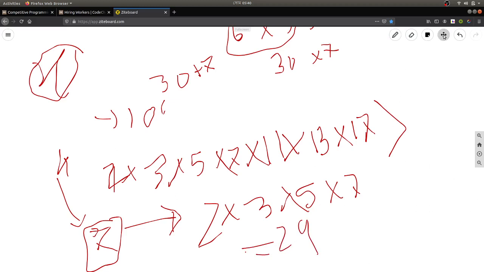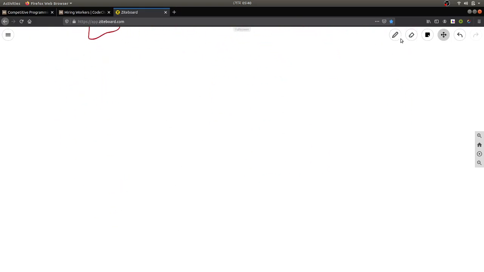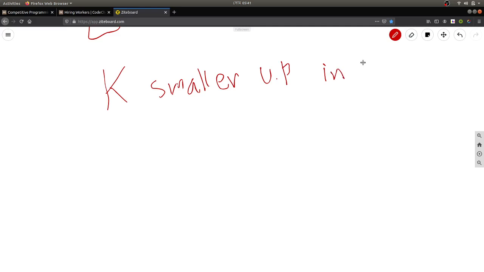So in recap, if k is smaller than the unique prime numbers in X, then we do a brute force to find the minimum, because the count of the unique prime numbers will be up to 7.